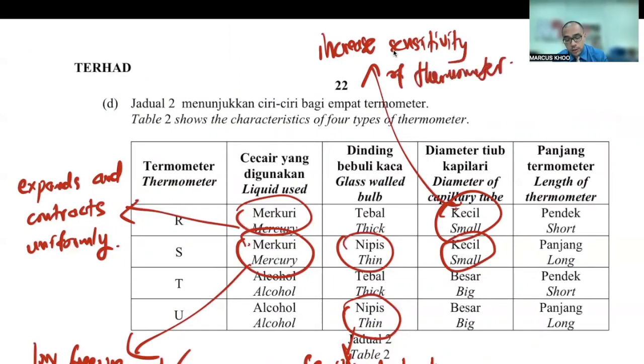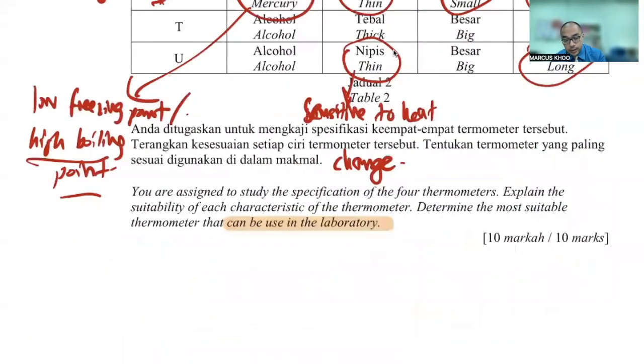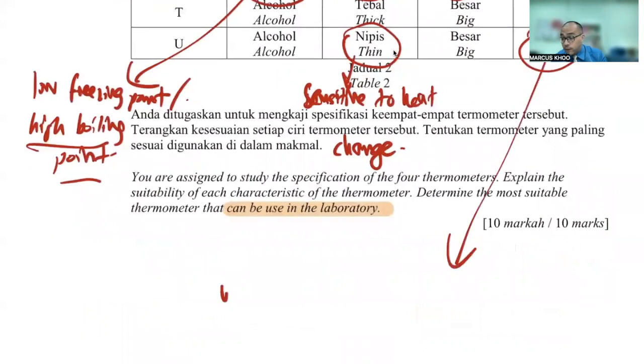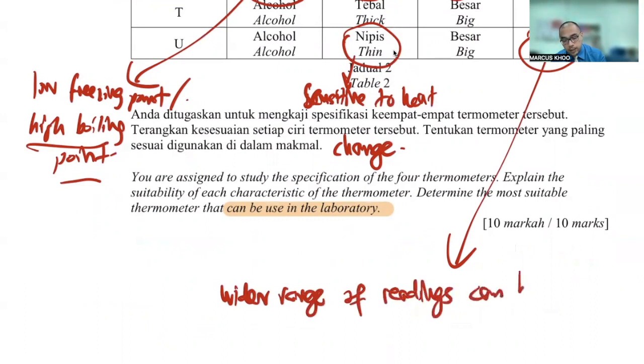And of course, the length of the thermometer should be long, and the reason for this is so that a wider range of readings can be taken.